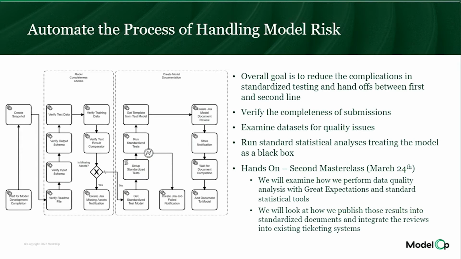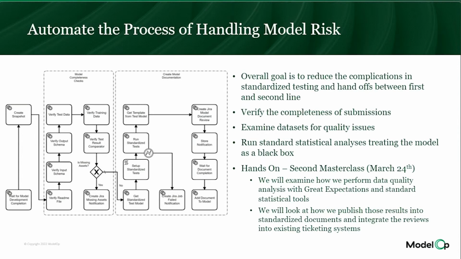Also, what often happens when it goes from the first line to the second line is that some of the requirements are missing. For instance, you might not have baseline data. You might not have some sample data. If you don't have them, you really can't assess the quality of the model. You can see an example on the left where we can go through and make sure: did they actually submit all these?